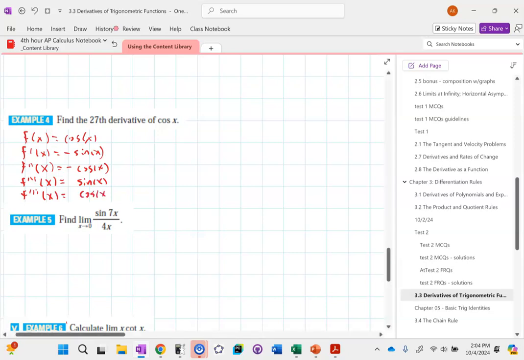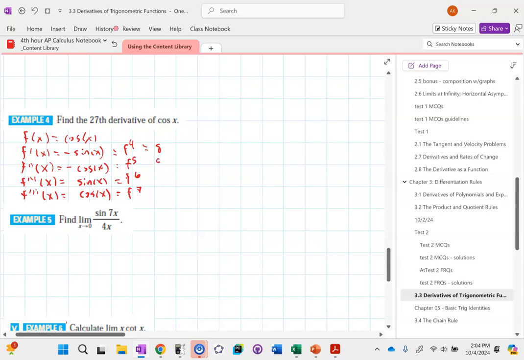Back to cosine x again, right? Everybody's okay with that? So this is going to be the same thing as the fourth derivative. This is like the fifth derivative. Same thing as the sixth derivative. Same thing as the seventh.